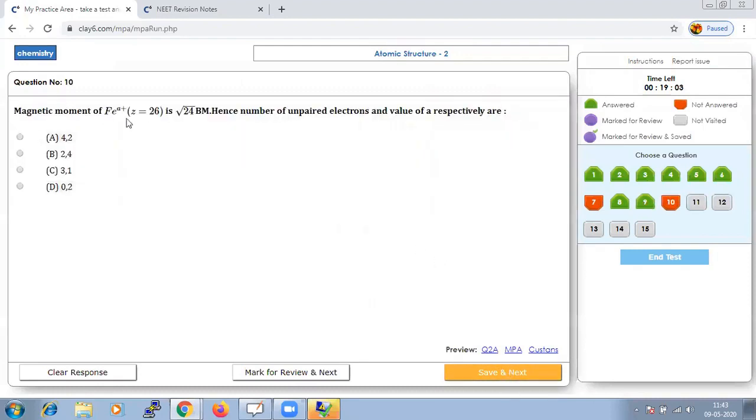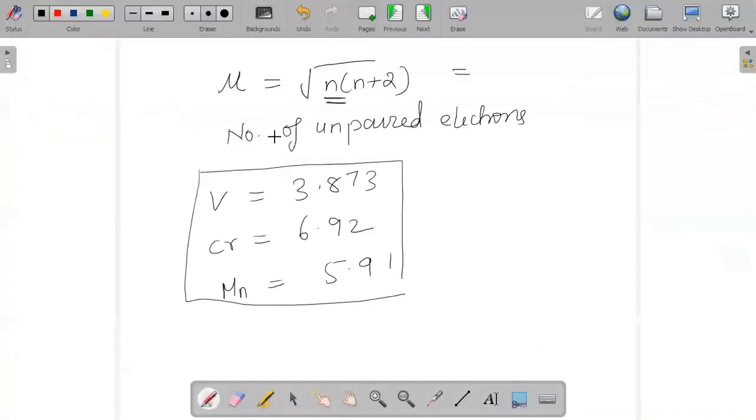Next, magnetic moment of Fe A plus is root 24. They have given this, hence you need to calculate the number of unpaired electrons and the value of A. Do not get confused about the value of A. Just now we have discussed the relation between unpaired electrons and the magnetic moment.